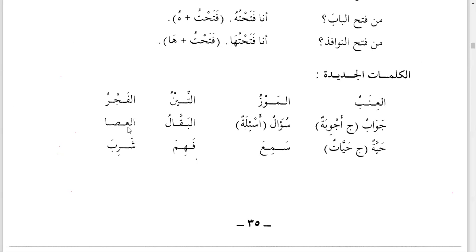Sorry? What is baqal? The grocer, the shopkeeper. Okay. Hayyatun, snake, and the plural is hayyat, basically for the smaller snake, and the bigger one is thu'ban. So hayyatun, why is it feminine? It's ending with ta marbuta.